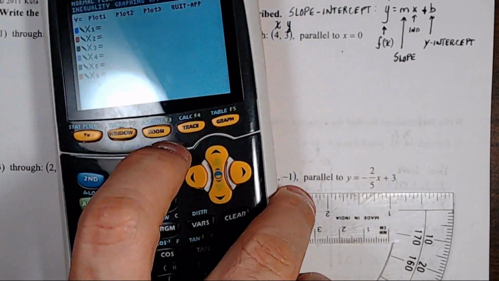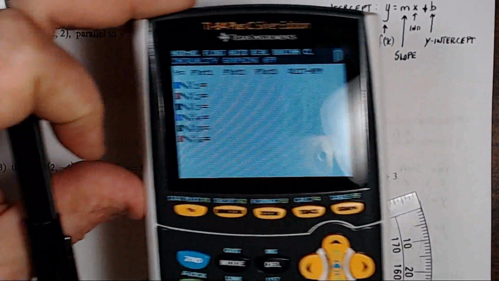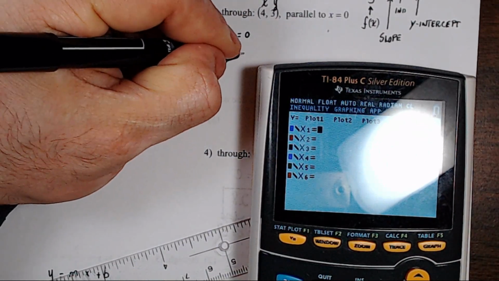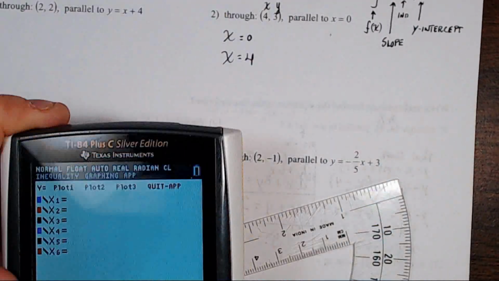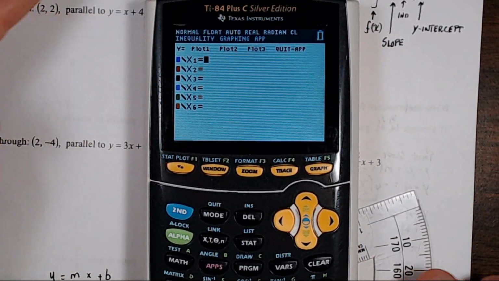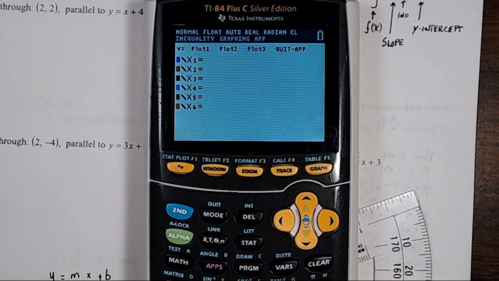So what I'm going to do is graph a line for x equal to 4, and let's see what that line looks like. I'm trying to move this calculator out of the glare of those spotlights.